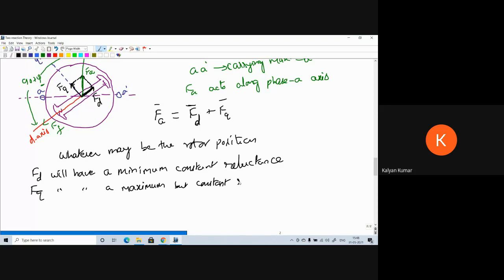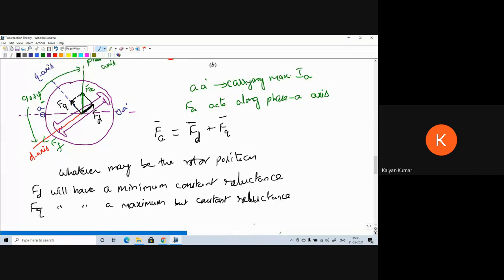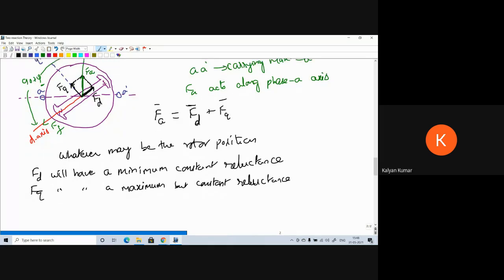Air gap is maximum, so constant reluctance. So the reluctance is not going to change. So by resolving that FA into two components FD and FQ, we can make the armature reaction effect constant along the direct axis and along the quadrature axis.